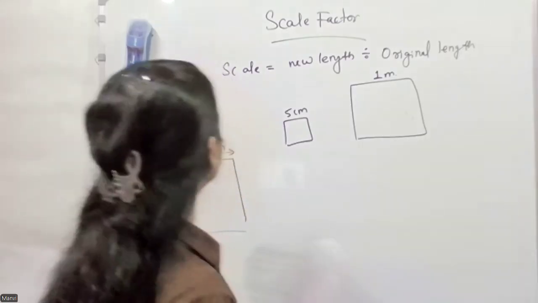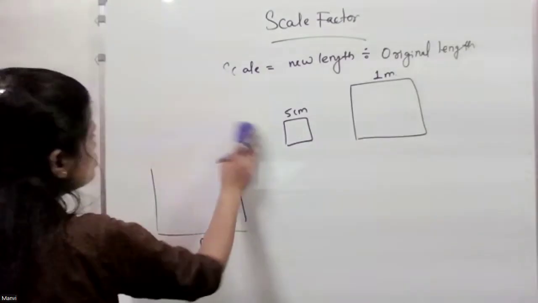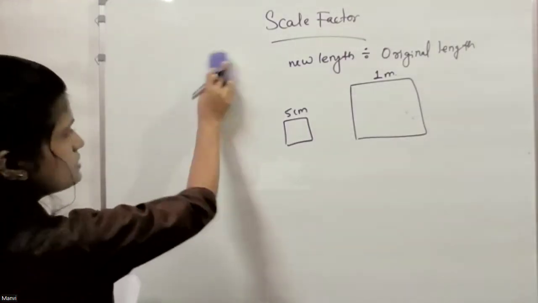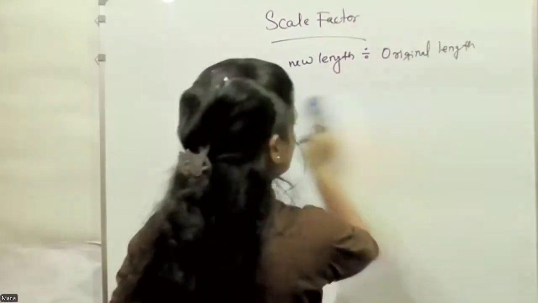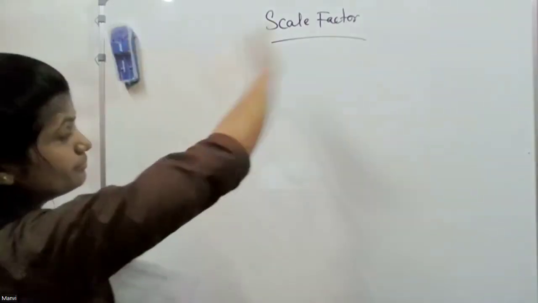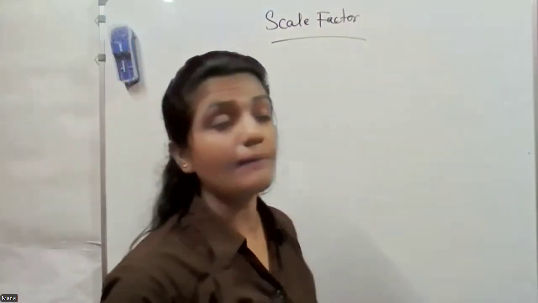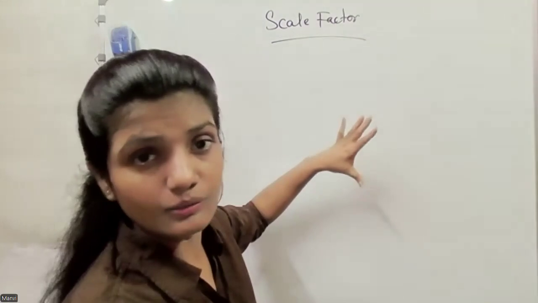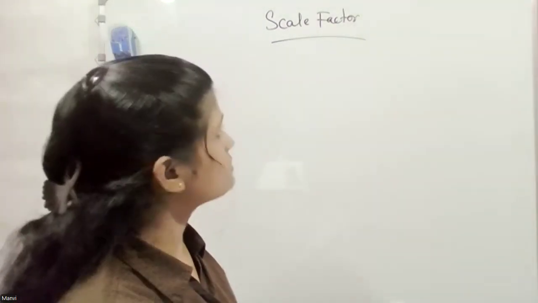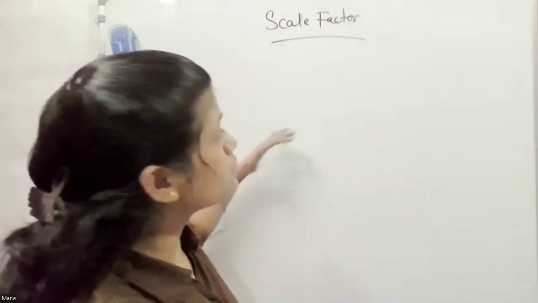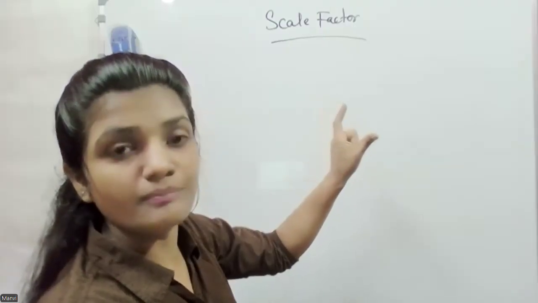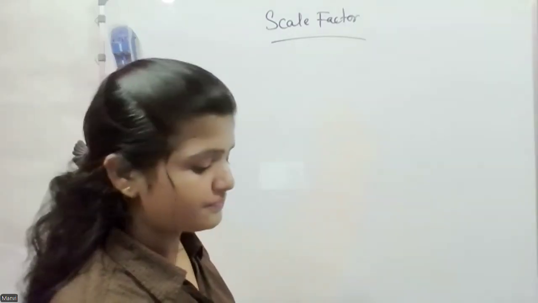So in scaling, what we are doing is we try to draw big lengths on our map by using small values. For example, in scale, what we usually do is we try to denote thousands of kilometers by just 1 centimeter or millimeter, something like this.